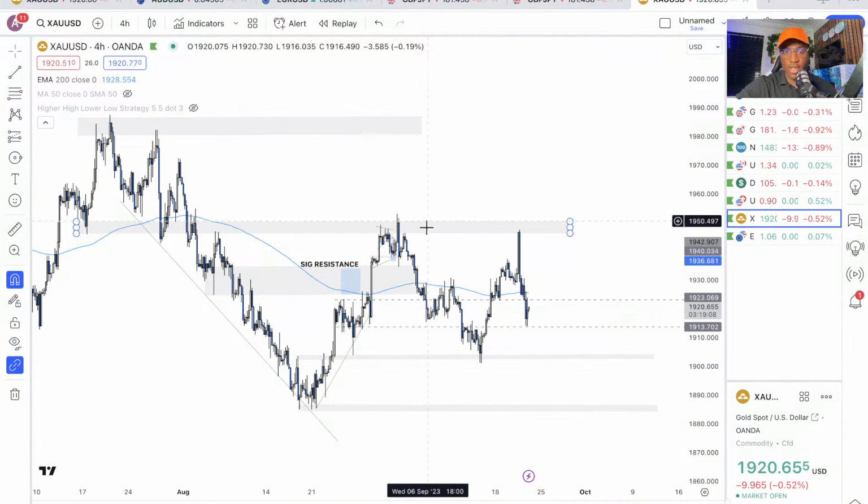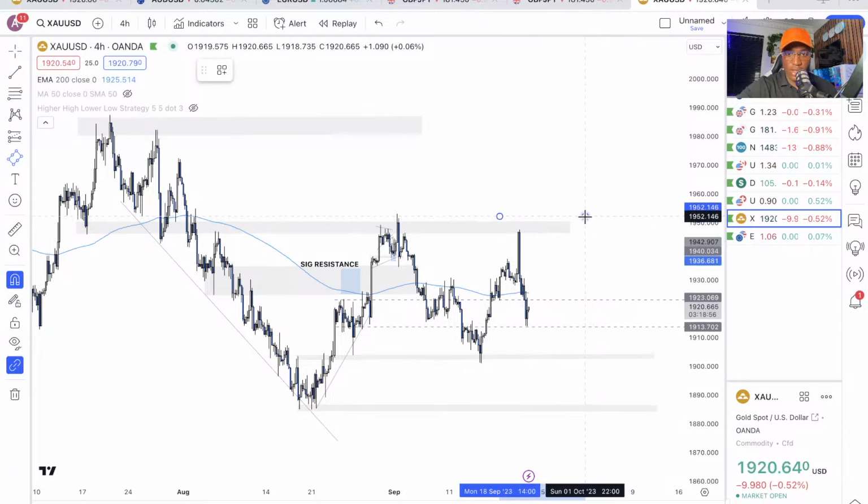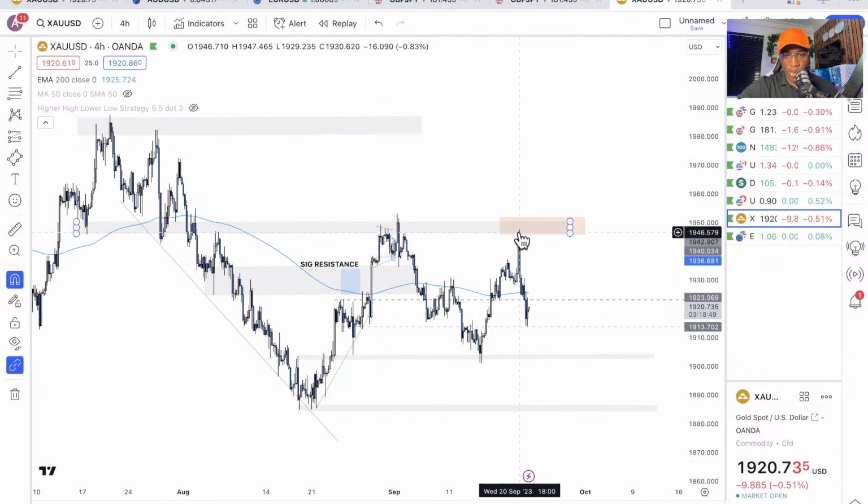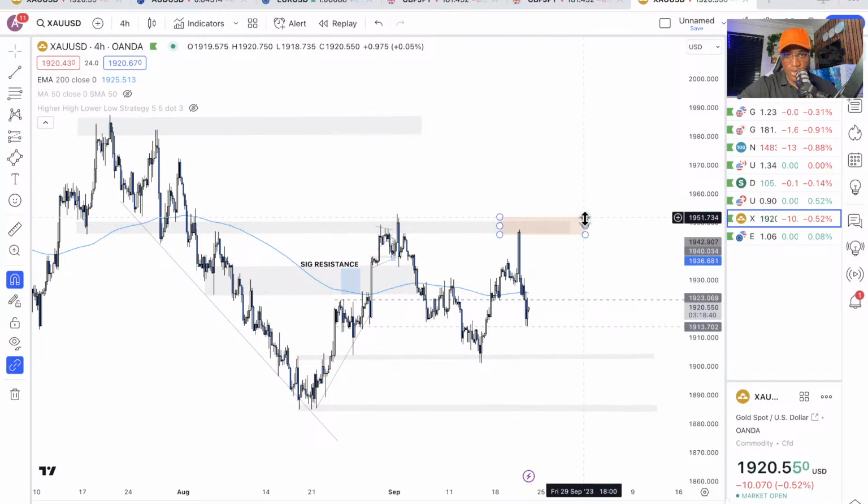Now, gold recently made a retest at the resistance level 1945 to 1950. And we're seeing the reaction. The market has pulled back and is trading at 1915 to 1925, right? We've had this reaction. We have the pullback to the downside.